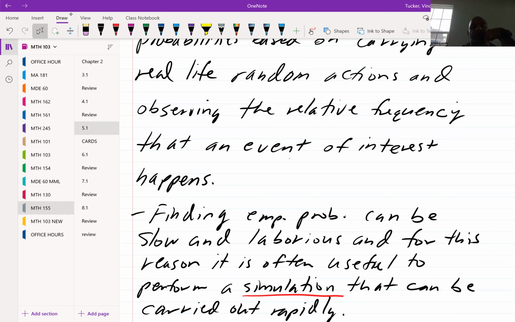Finding empirical probabilities can be slow and laborious, and for this reason, it is often useful to perform a simulation that can be carried out rapidly.